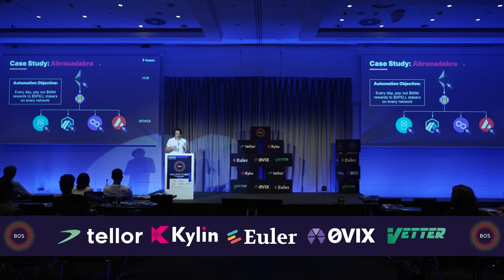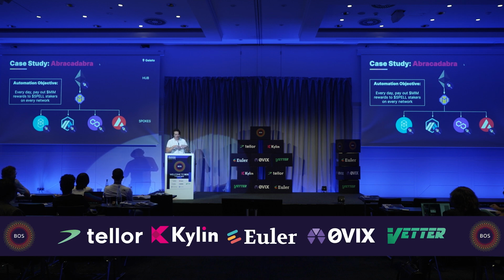They have their native governance token called Spell. You can stake that Spell on Polygon, on Ethereum, on Avalanche, wherever you want. And once you stake it, you have access to, I think, weekly emissions of MIM rewards, right? Let's say 1 million MIM being paid out every week to all the stakers.